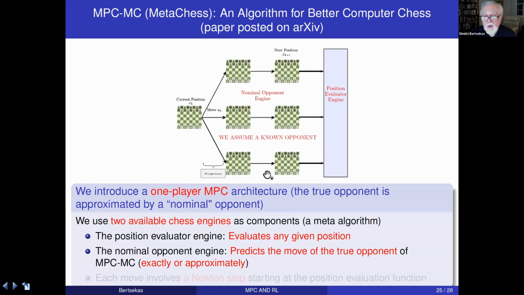He should be a good player, because otherwise it can make bad mistakes that the opponent can exploit, perhaps by accident or even deliberately. So it's very important to have a good nominal opponent that approximates a minimax type of view of the problem. Okay, thanks.